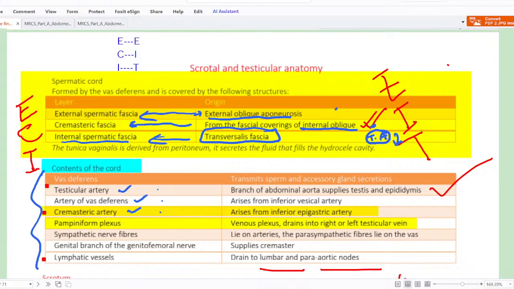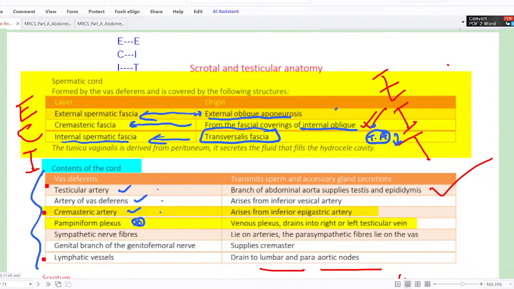Then pampiniform plexus. This is actually a venous plexus. You might have heard the name varicocele. Varicocele is just the engorgement of this pampiniform plexus of veins.